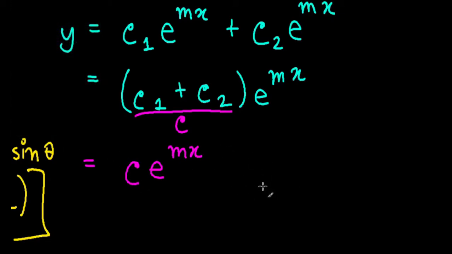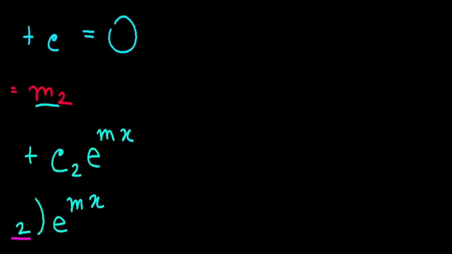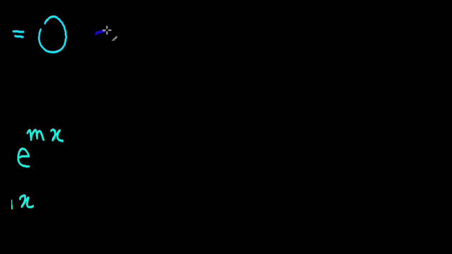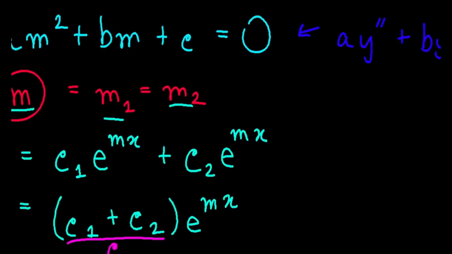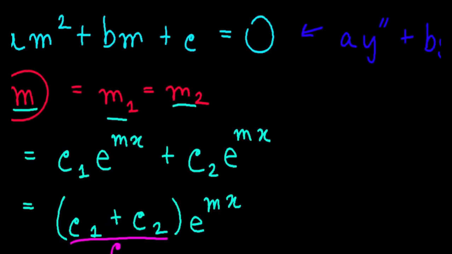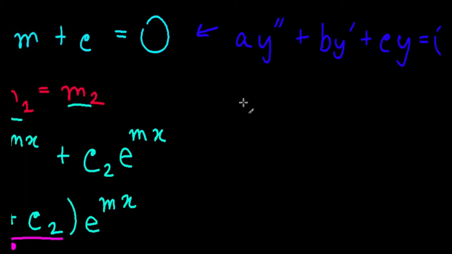But there's a major problem here. Our characteristic equation obviously came from an equation like a y double prime plus b y prime plus c y equals 0. As I have already said a countless number of times, we are dealing with a second order differential equation. The highest derivative here is the second derivative.